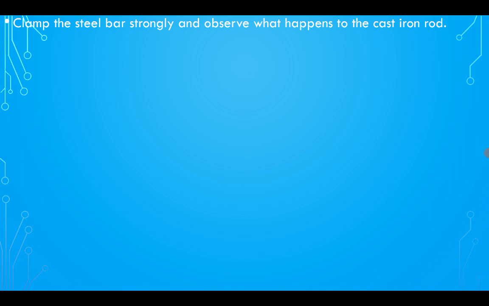So you observe what happens to the cast iron rod. As long as it is not heated yet, no significant observation can be made in terms of its being broken.